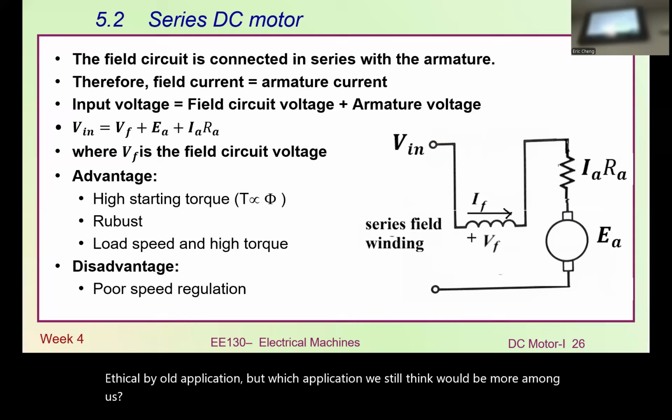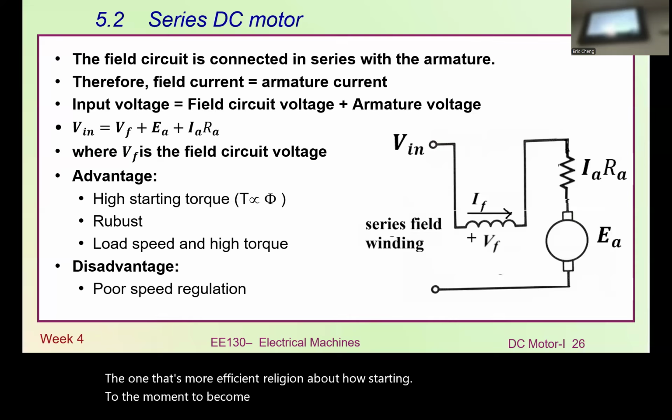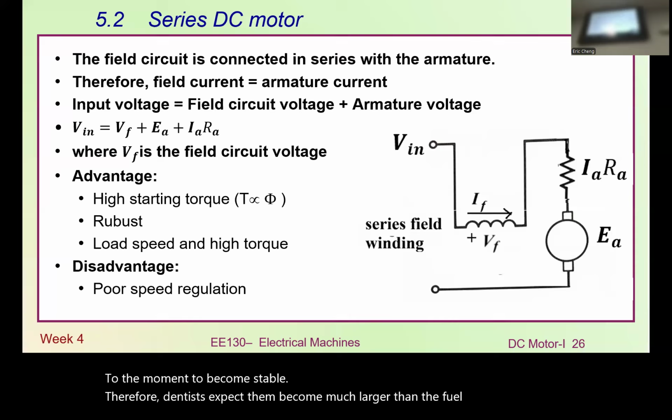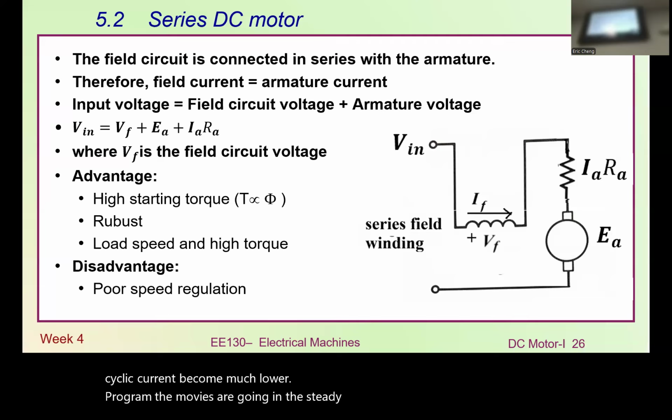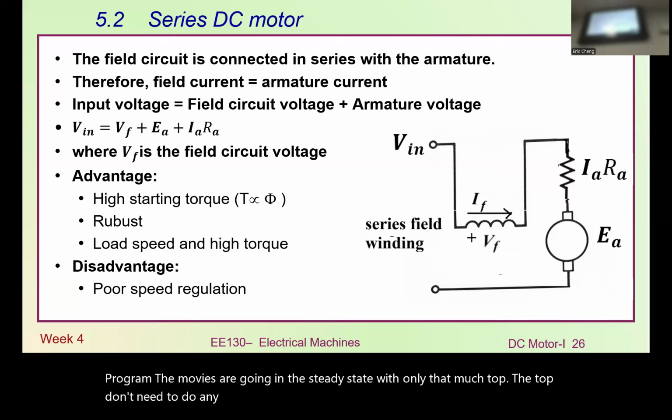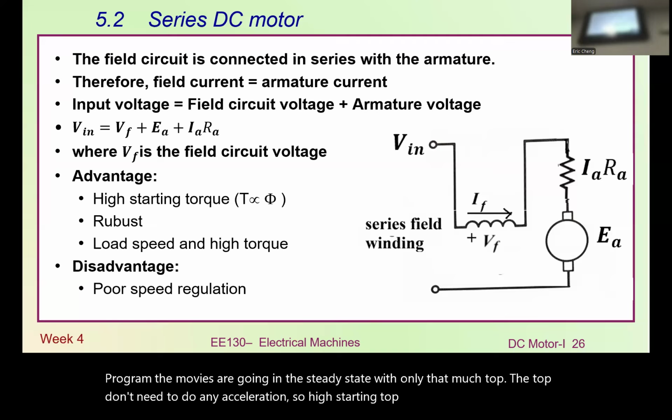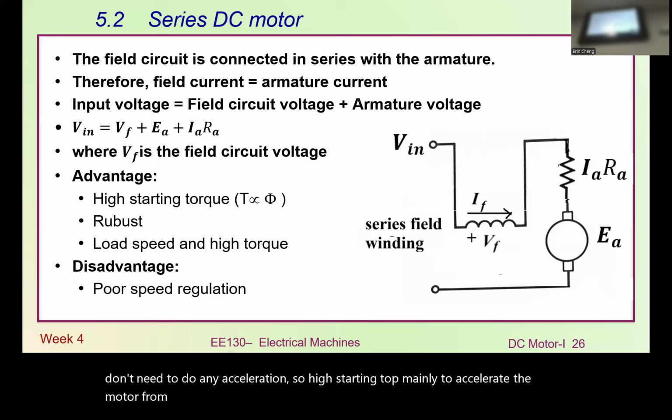Once the motor becomes stable, the speed becomes much larger, and then the field current or the IF current becomes much lower, because when the motor is in steady state we don't need that much torque. The torque doesn't need to do any acceleration. High starting torque is mainly to accelerate the motor from standstill to the final speed.